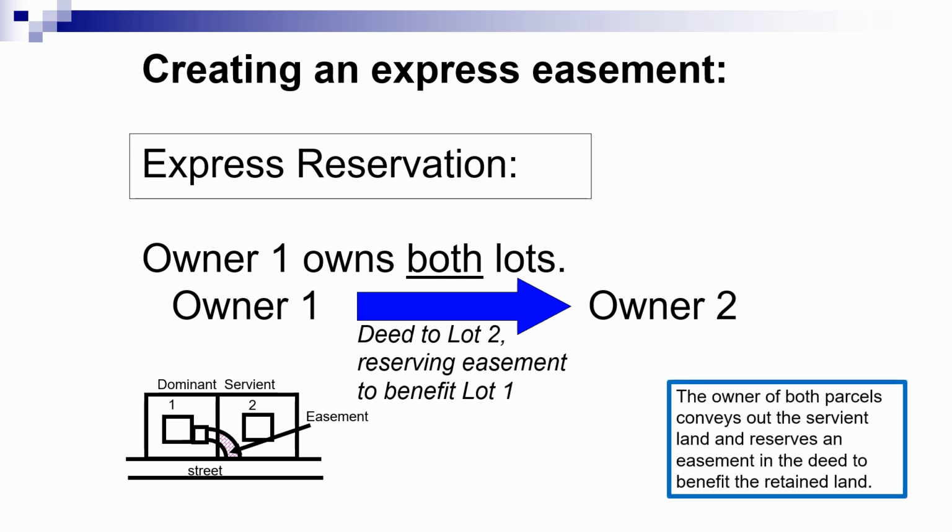So the basic principle of an express reservation is the owner of both lots conveys out the servient land and at the same time in that same deed reserves an easement to benefit the retained land that the grantor is keeping.